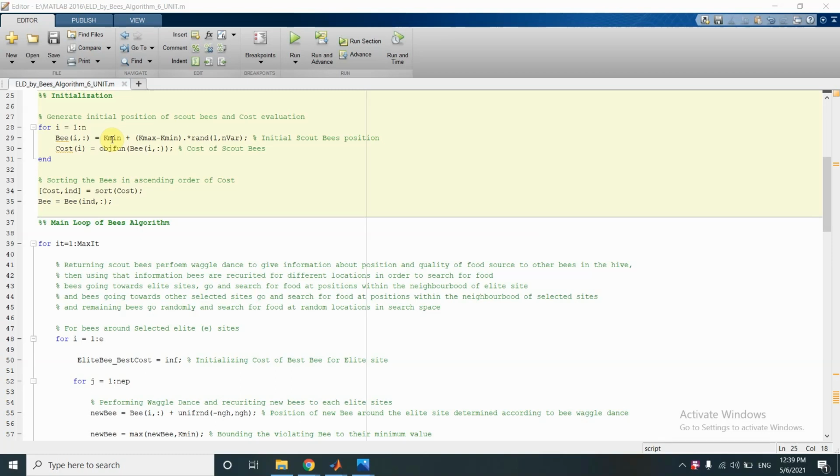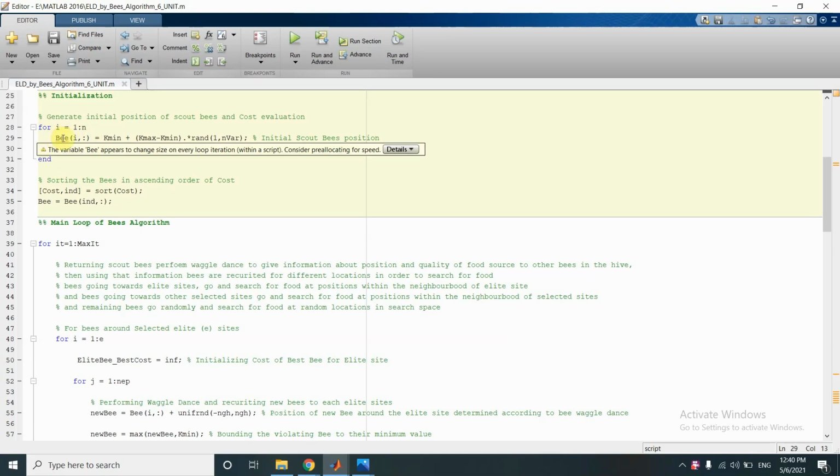We pass the position vector into the objective function, and the objective function returns the cost value, which is stored in this cost array. This B matrix is to store the position of the bees.